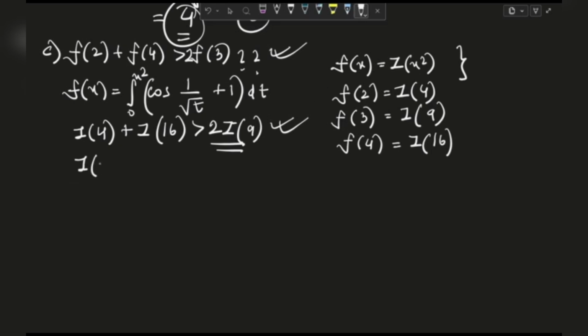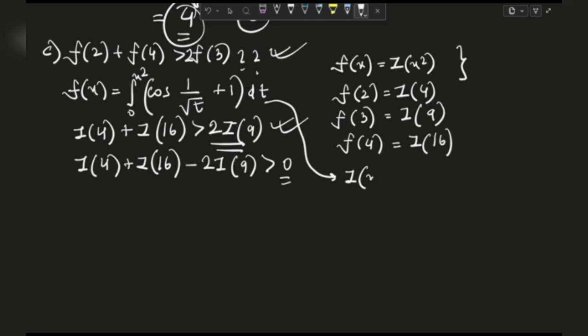So let's rewrite this: I4 plus I16 minus 2I9 greater than 0. Please also notice one thing, the limits in the integral will also change. I will write I of x to be the integral 0 to x cosine 1 by root t plus 1 dt. Limits will also change.